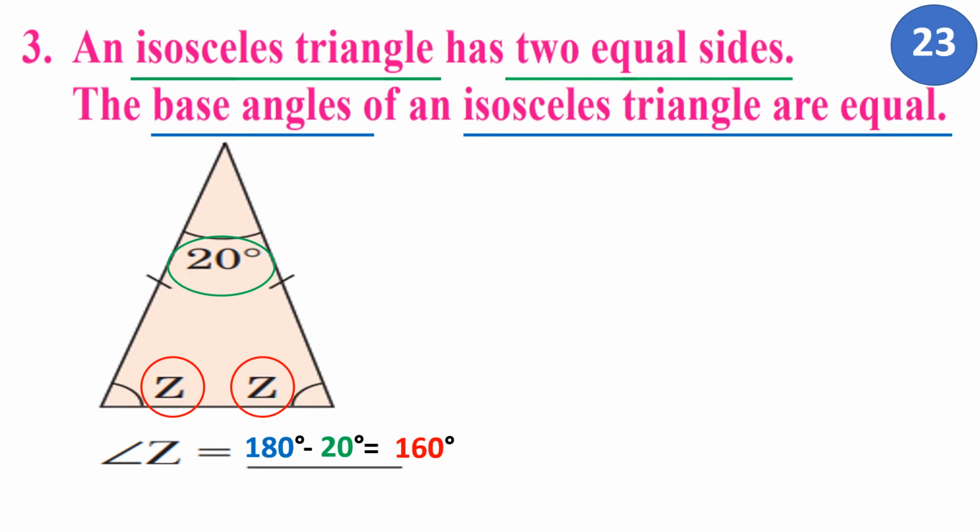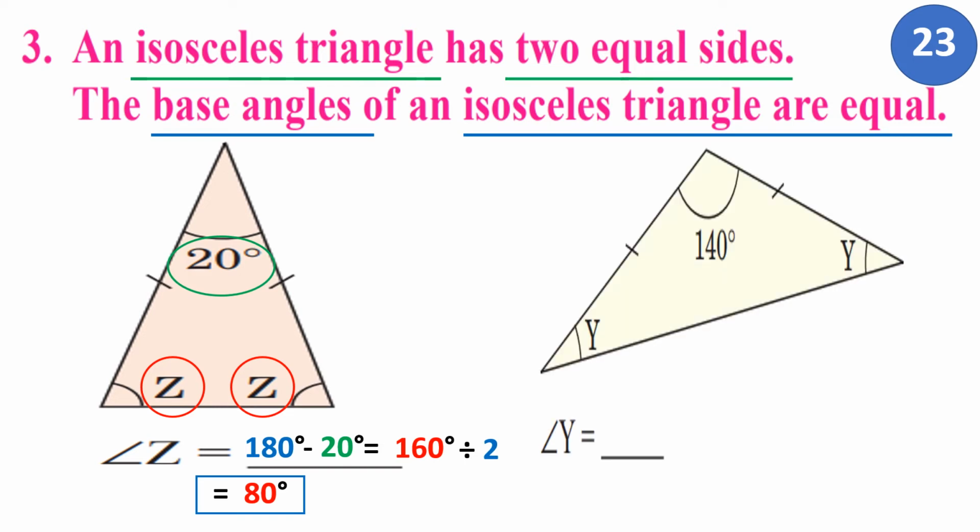This 160 is for two angles, for letter Z here. If you want only one, you divide this by 2, then angle Z for one side is 80. Correct, students? And the other side is 80 degrees.